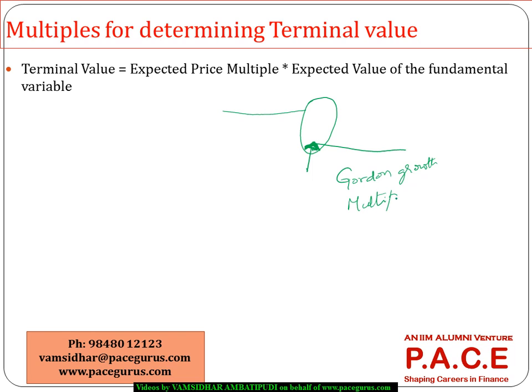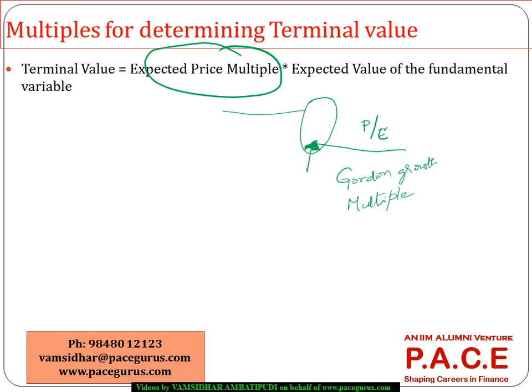All that we have to do when I go with the multiples based approach is, the value here is nothing but the price multiple I expect at this point. If I am using the P/E ratio, I will find out what is going to be the P/E at this particular point.